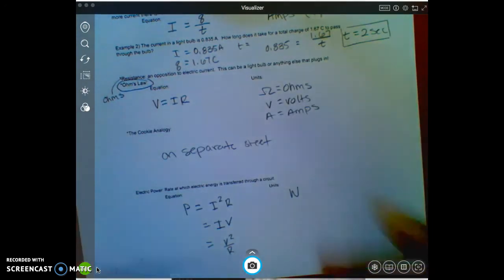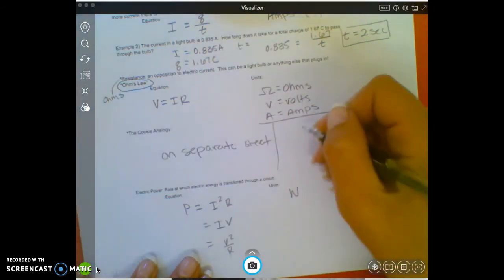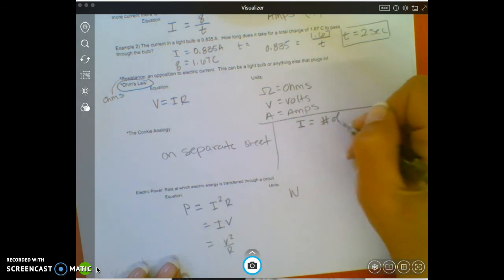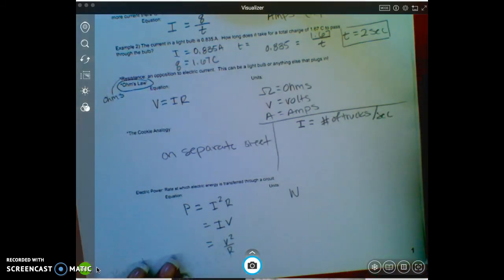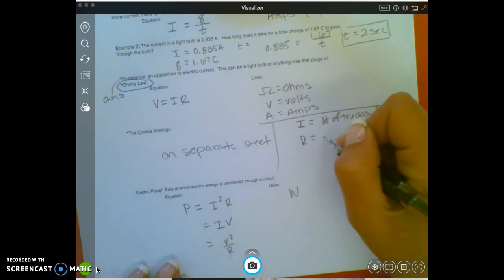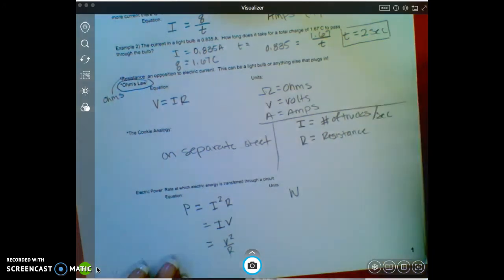I know the cookie thing is a little bit weird. I want to just put a note here for you and just kind of show you. So I is the current, and that's the number of trucks per second, okay, that pass by. And then the R is the resistance, okay?